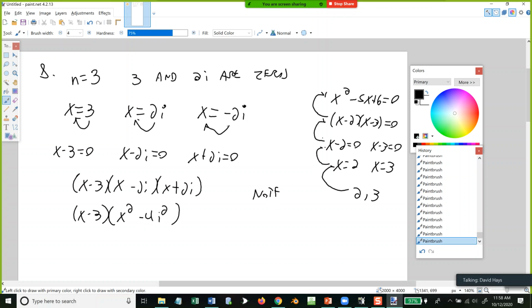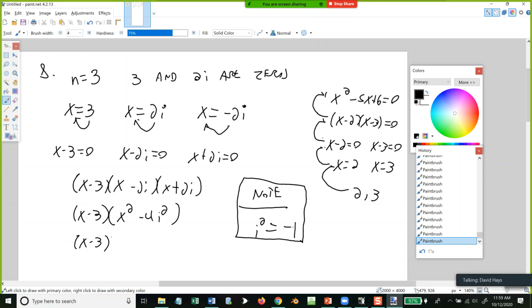This is the one and only place in this class you really use this information. Nowhere else do you need to know what i squared is equal to. Remember that from Algebra 2? What's it equal to? Negative 1. If you go on and take trig, you'll see that again. But yeah, we only use that in this one place here.